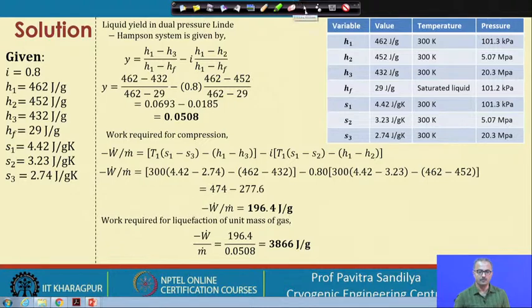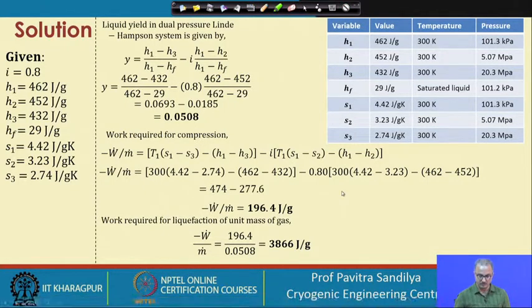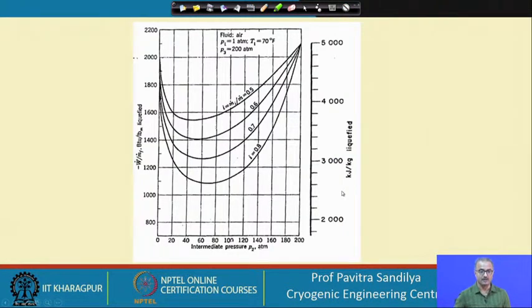Now we go to this particular curve you see here. This curve shows, on the x-axis, the intermediate pressure, and on the y-axis, the amount that is liquefied and the work per unit mass compressed.